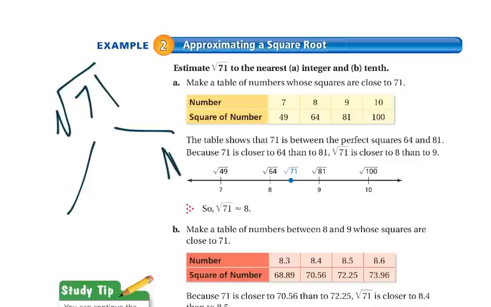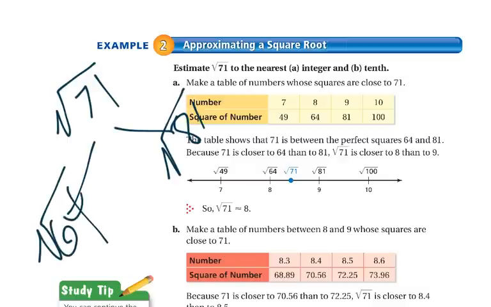Well, the square root of 81 is on the high end, and the square root of 64 is on the low end. So what you do to figure out about where this falls is you say, okay, 64 is how many away from 71?